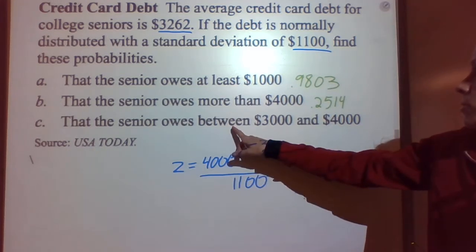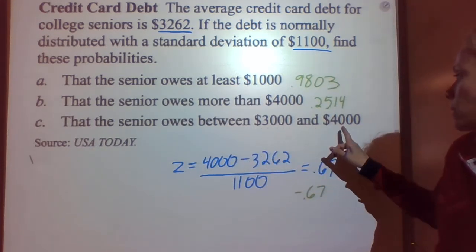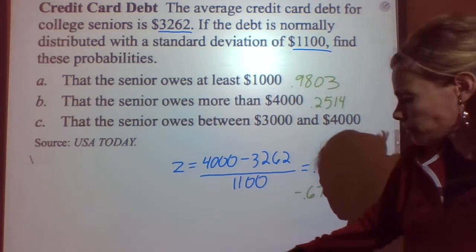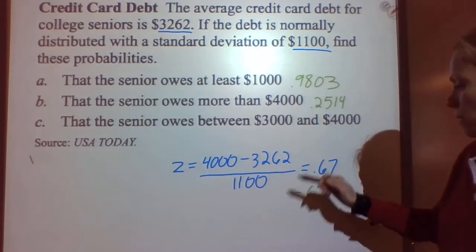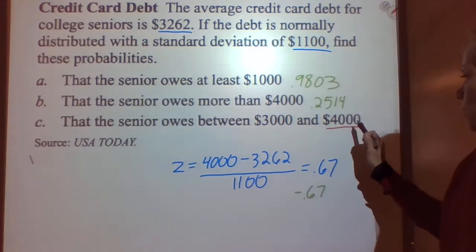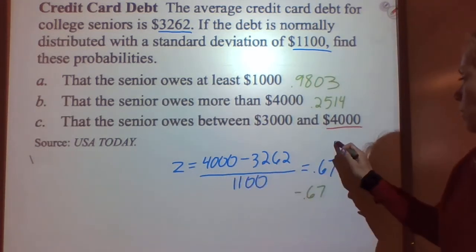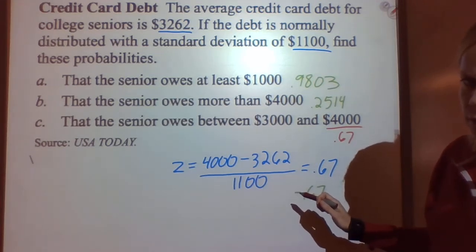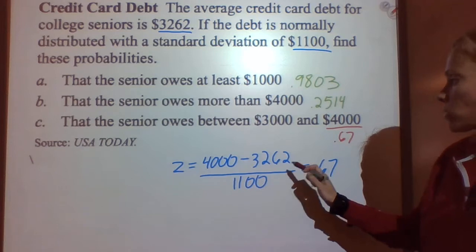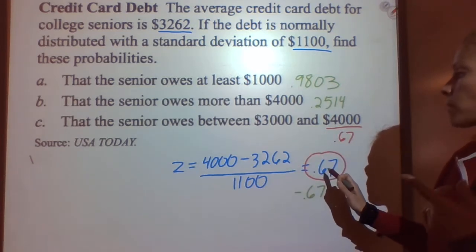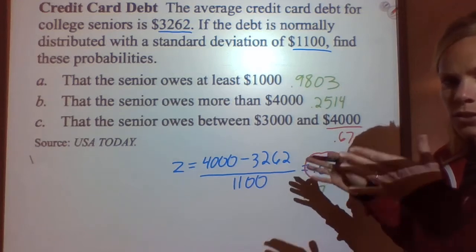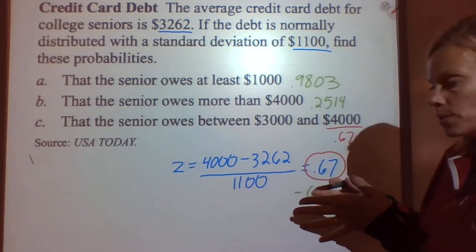A senior owes between $3,000 and $4,000. Okay. Well, we know the z-score. The z-score for 4,000 we got right here, 0.67, not negative 0.67. That was me changing it to find area to the right. You have to go back to the original z-score, 0.67. Because remember, area in between, you don't change anything. You just take the exact z-scores.